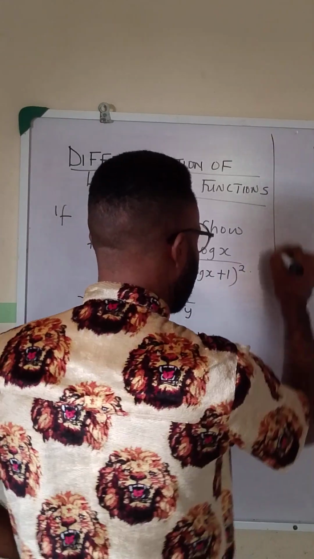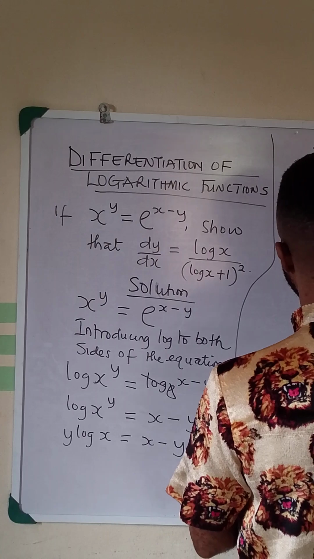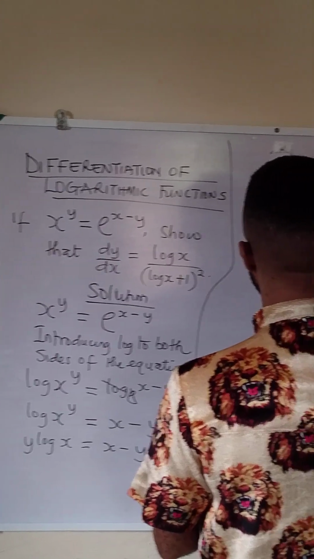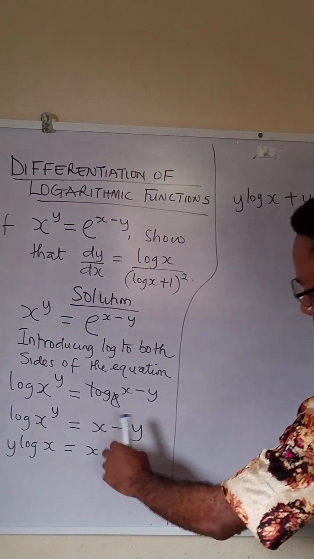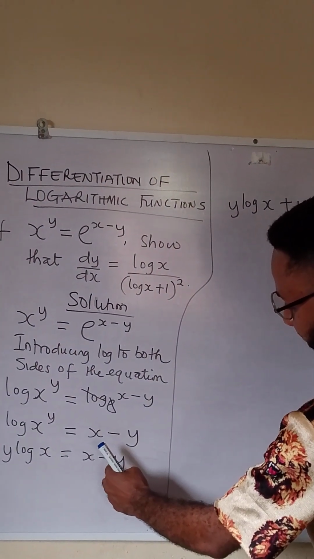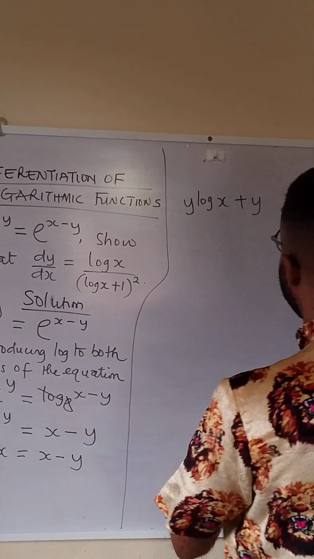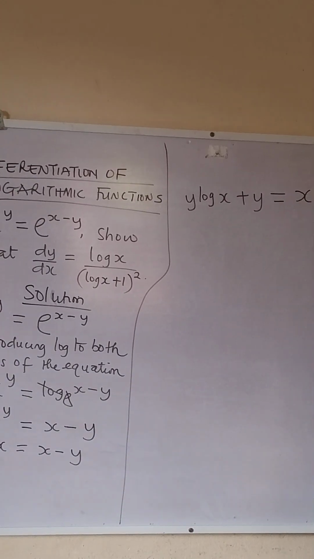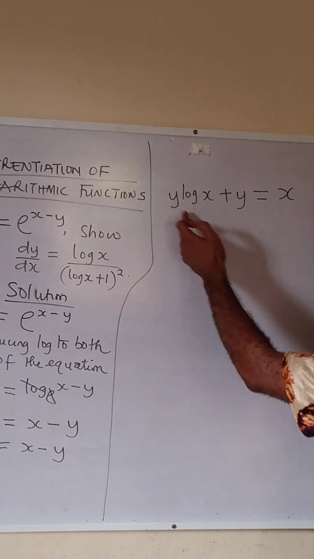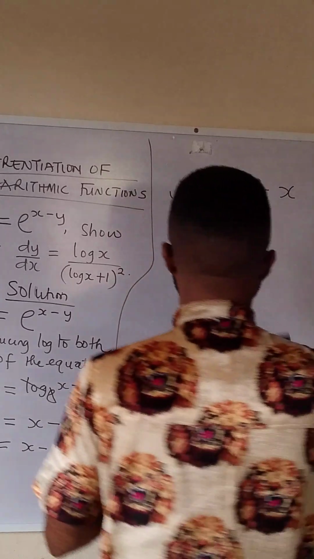So when we do that, we are going to have y log x plus y. Y is plus because it was negative, so when it crosses the sign of equality, it becomes positive. So this will be equal to x.